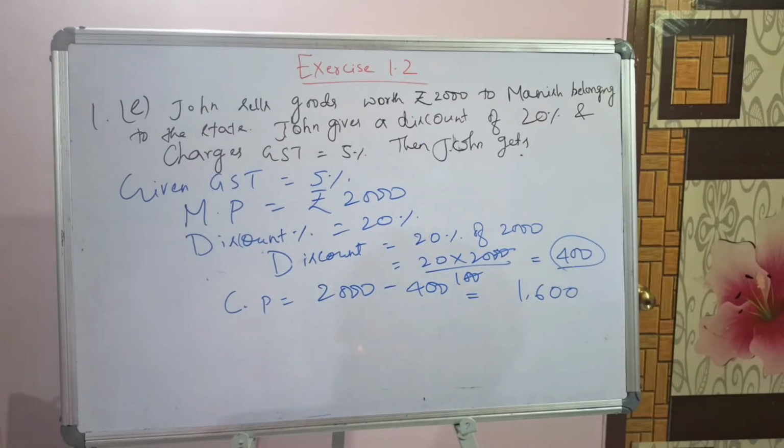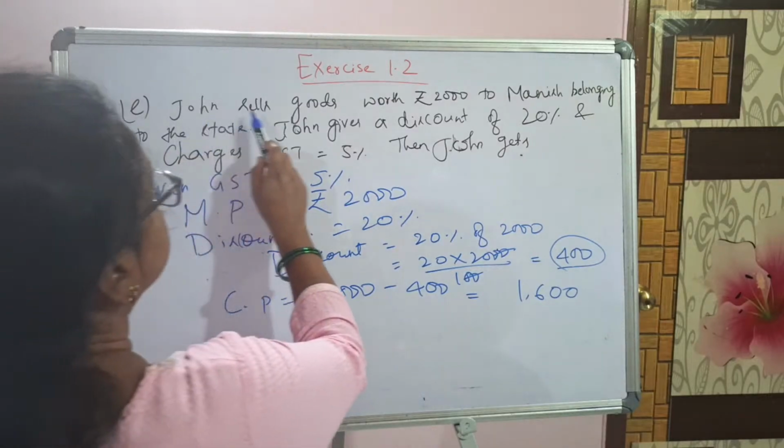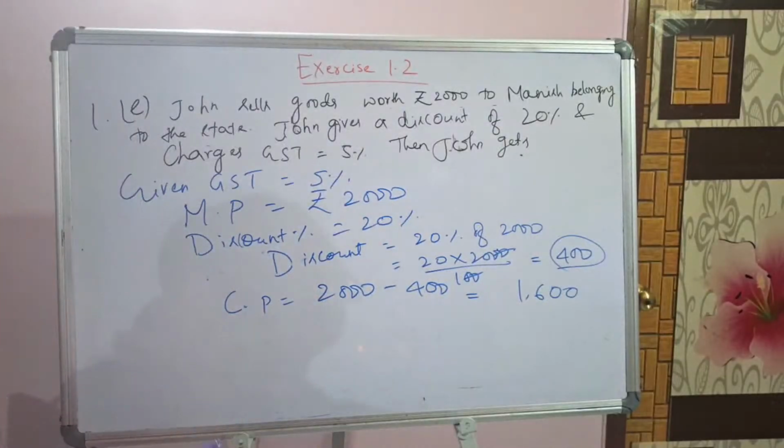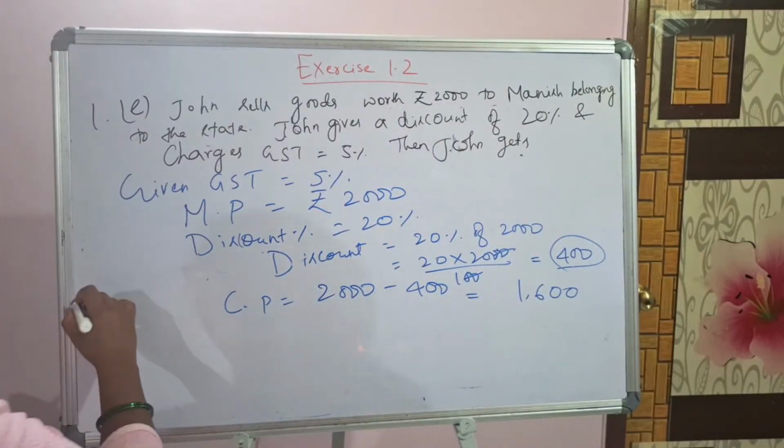See, in the question it is clearly given that John sells goods worth rupees 2000 to Manish belonging to the same state. That means it is an intrastate transaction.